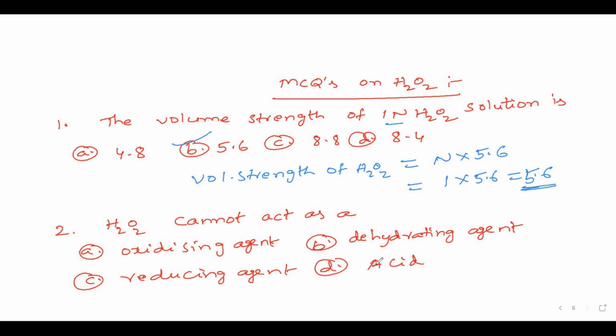So straight away we can say hydrogen peroxide can be used as a reducing agent and an oxidizing agent, we already know that. It cannot be used as a dehydrating agent, so the answer is dehydrating agent. It can be used as an acid also.